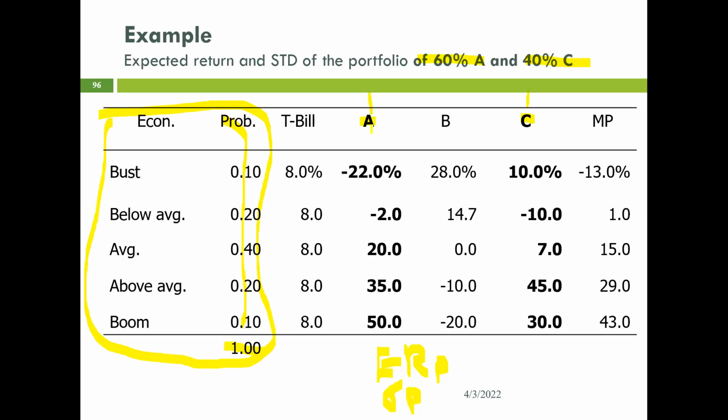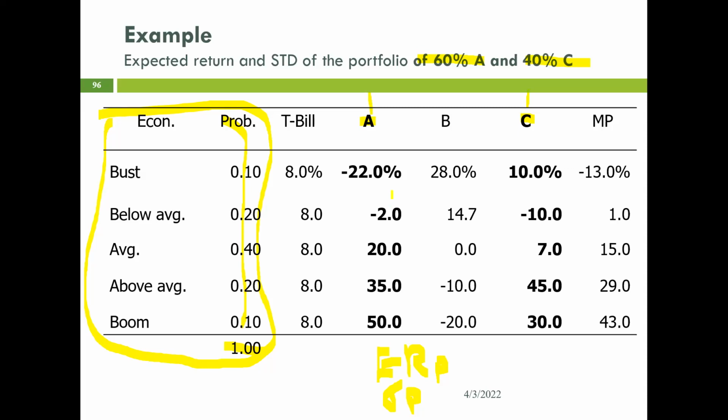In the exam, you might get a question like this. Then you have to calculate the expected return of C. You know how to calculate. Then you have to calculate the standard deviation of stock A and stock C. And next, you have to calculate what? Covariance.